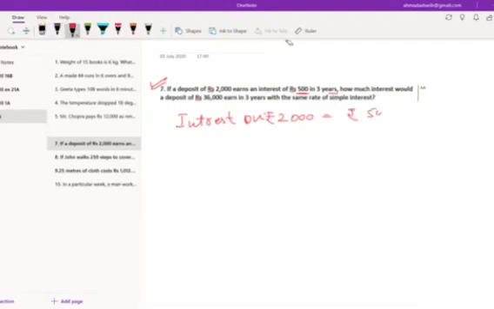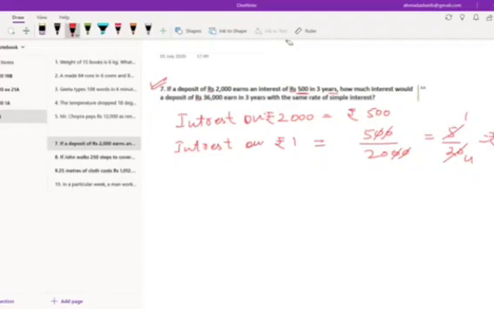Rupees 500. So on 1 rupee, how much interest will you get? 500 upon 2,000. Okay, so the zeros cancel each other. 5 upon 20, you can say 5 ones are 5, 5 fours are 20. 1 upon 4, rupees 1 upon 4. This is the interest on 1 rupee.